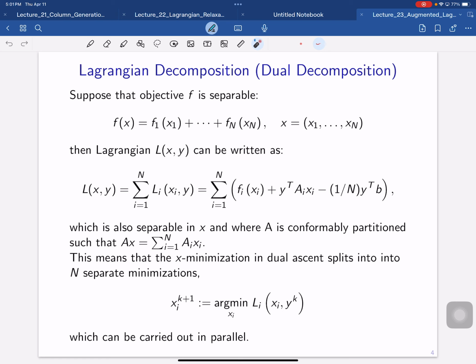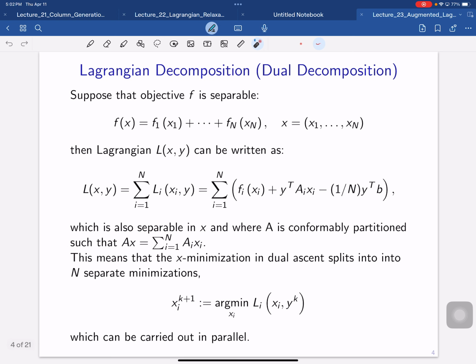Let's assume the constraints can be written as a summation over Ai xi in this particular form. Then you dualize this constraint.